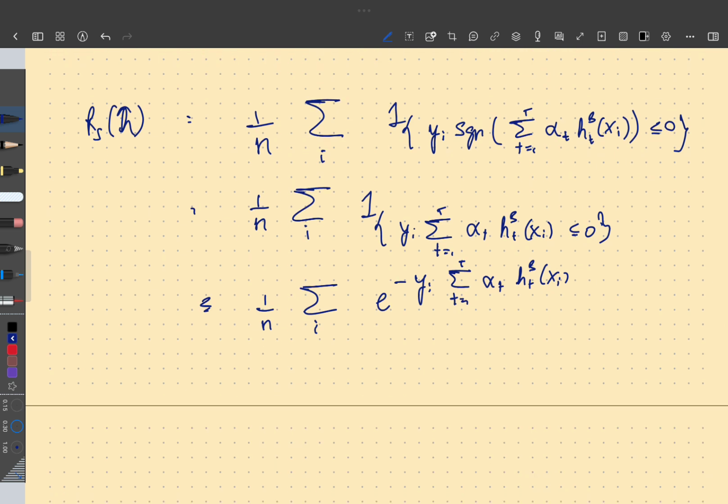Because if you plot the 0-1 loss for parameter u, the 0-1 loss looks something like this.